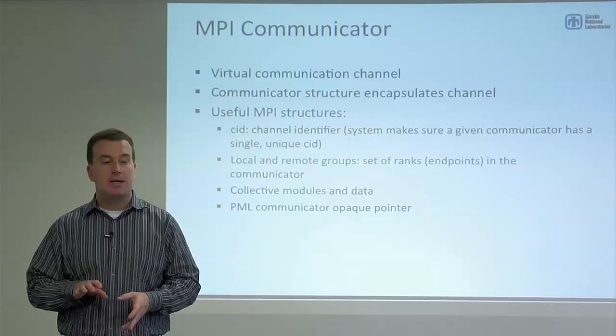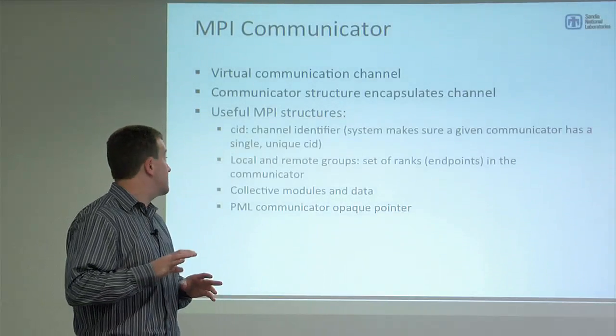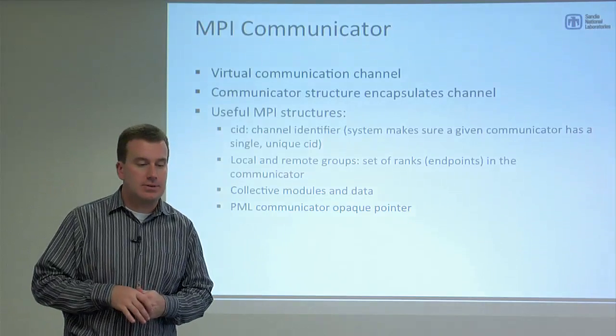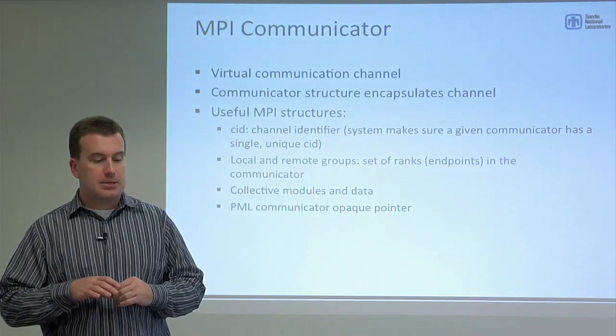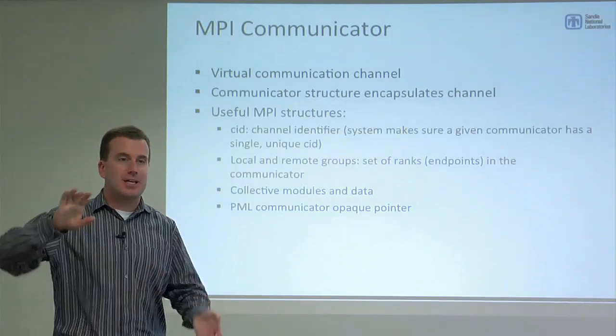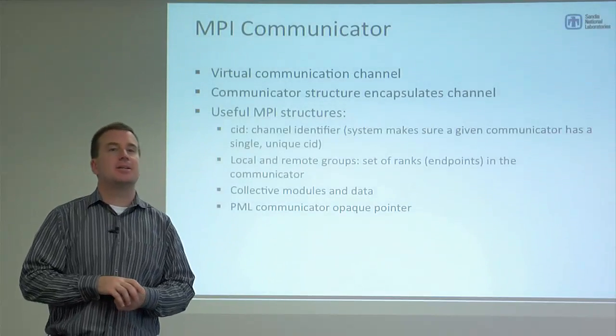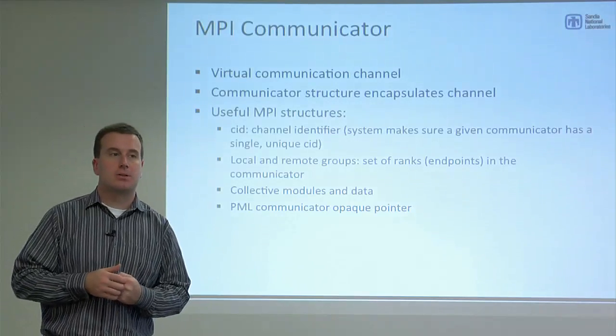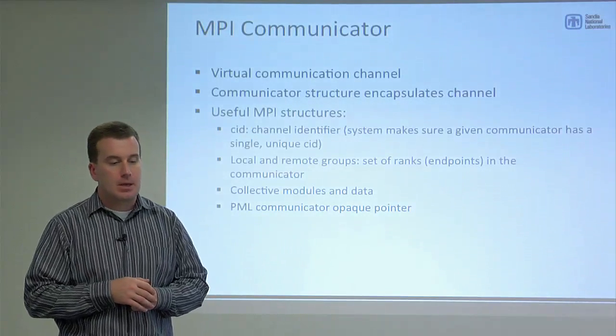But they're useful MPI structures in that they give us a place to hang stuff. So the first thing it gives us is this channel identifier, which we use to make sure you keep a globally unique identifier. You don't need to know how; there's a long algorithm that's well documented if you want.